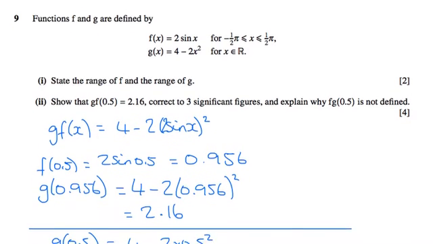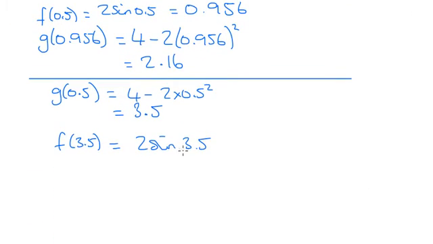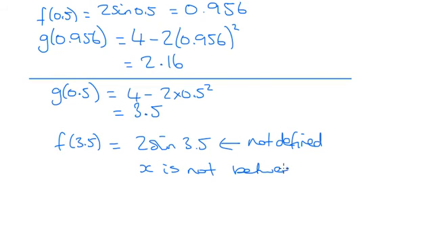So 2 sine 3.5 is not defined, because this value here, x, is not between minus 1 and 1, or g of x needs to be between minus 1 and 1.